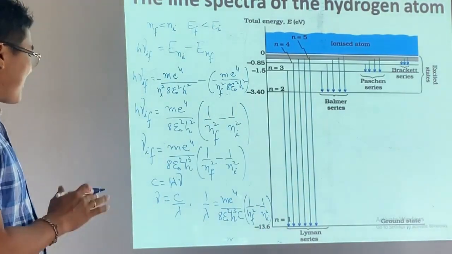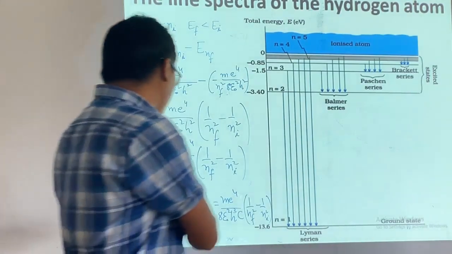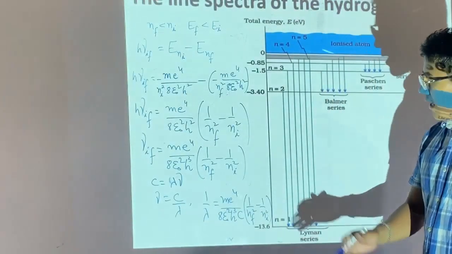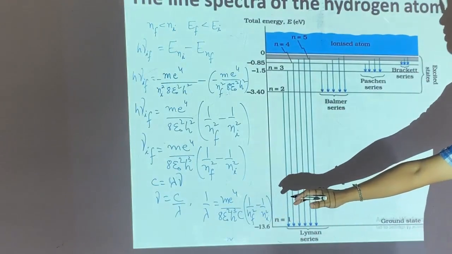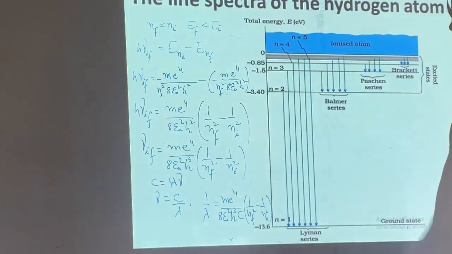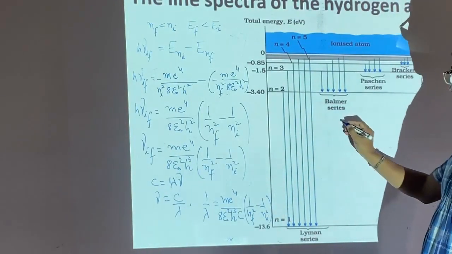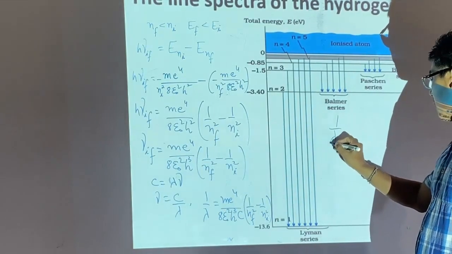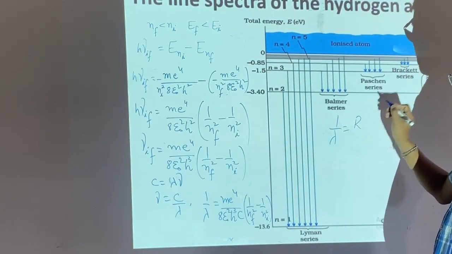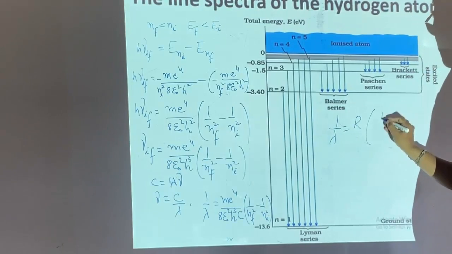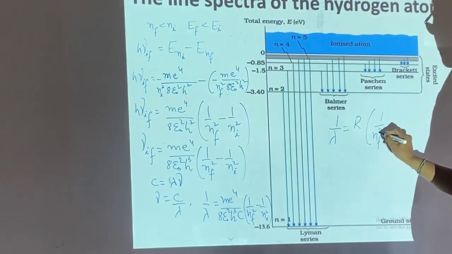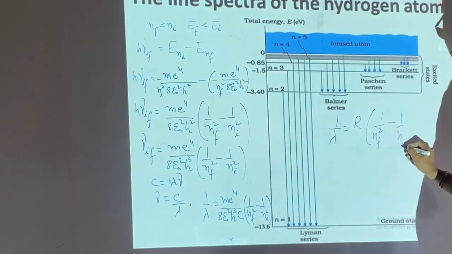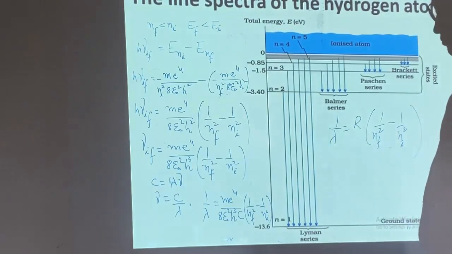And look at here, the interesting part is that empirically this was already done by Balmer, right? When Balmer did this, he called this the Rydberg constant, times 1 by n_f squared minus 1 by n_i squared, right?